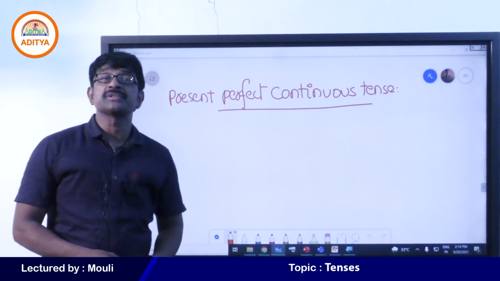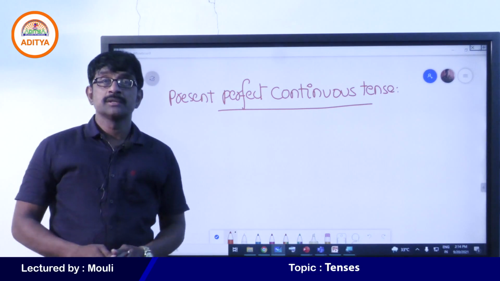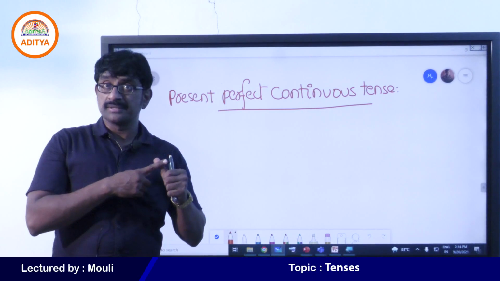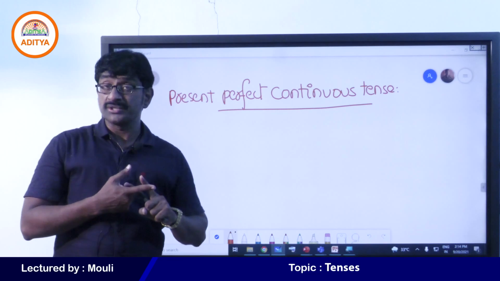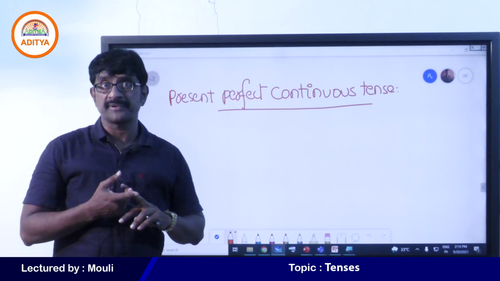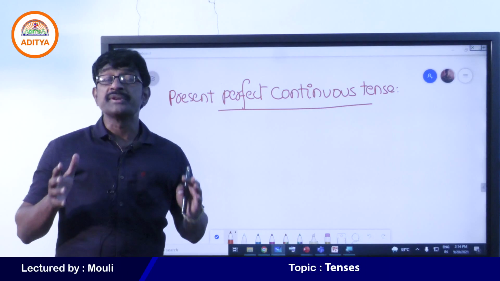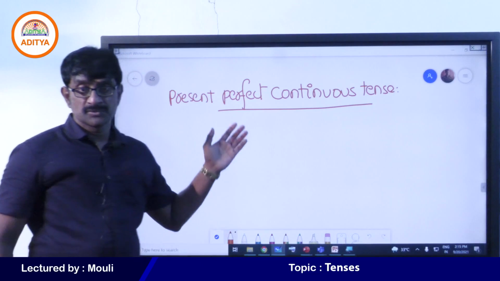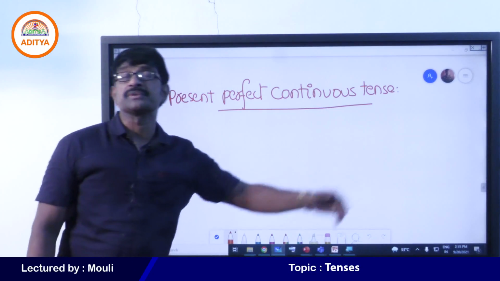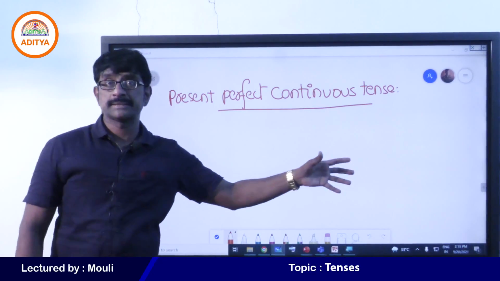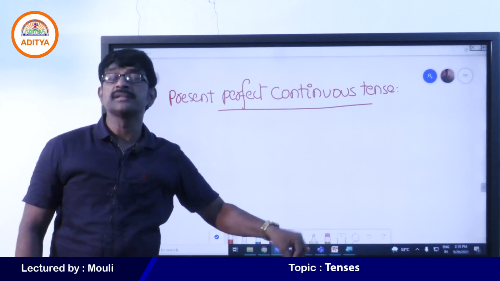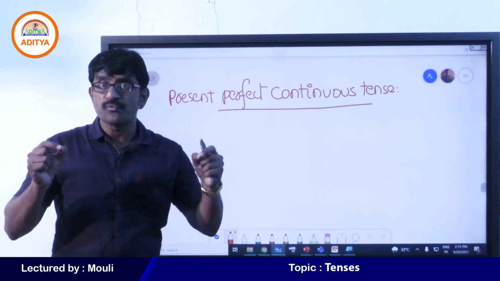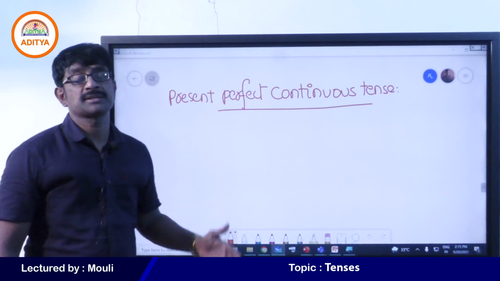So we have completed, students, present simple, present continuous and present perfect. Now we are going for the 4th one, present perfect continuous tense. If you write this, I will give you how does present perfect continuous tense function. Let us see that.